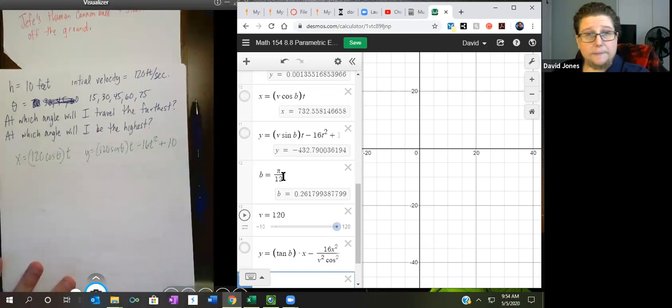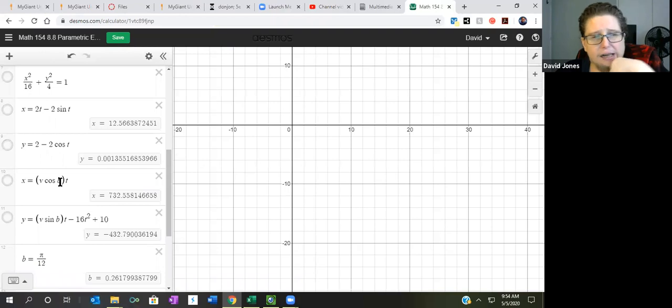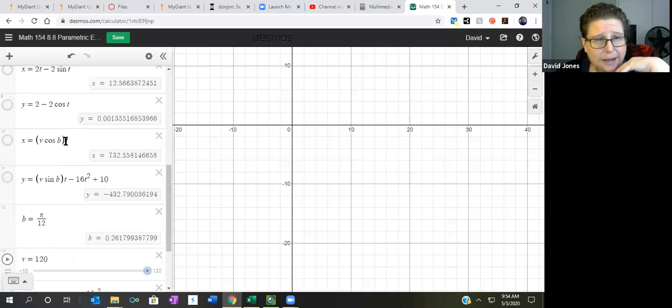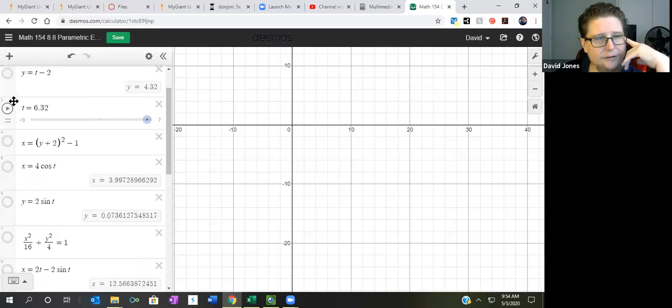So I have the equation set up here. B equals, I used B because it was easier to set up a parameter that shifted. I've got B set in as 120, and I've got my initial equations. Let's just see what it looks like as T goes down the list.